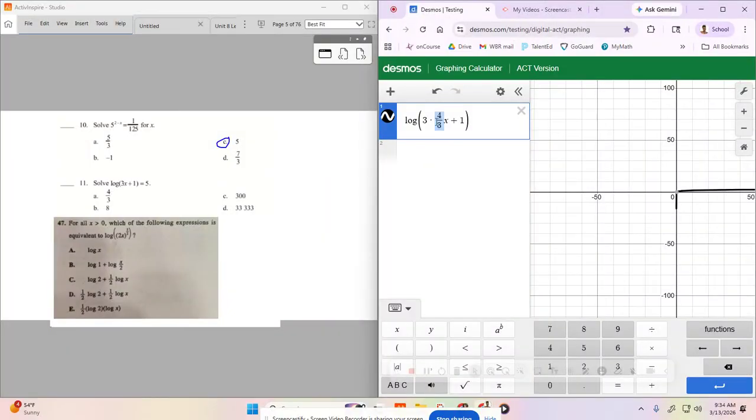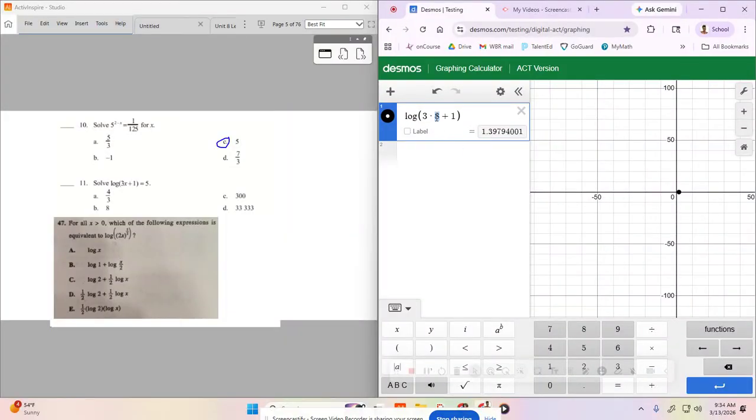Why is it making me do this? Get rid of the x, sorry. Okay, so that is not right. Let's try the next answer choice, 8. That is still not equal to 5, because I want it equal to 5, this answer right here.